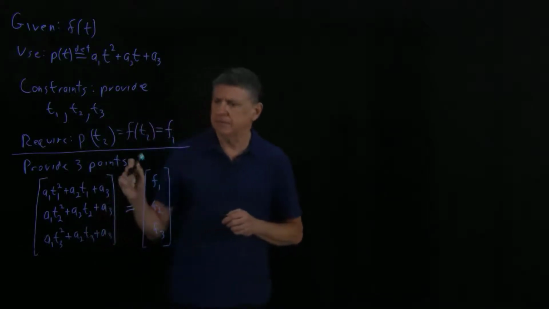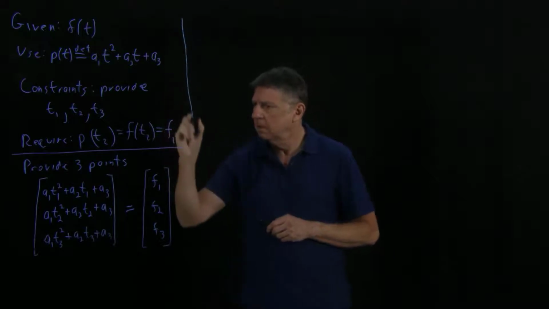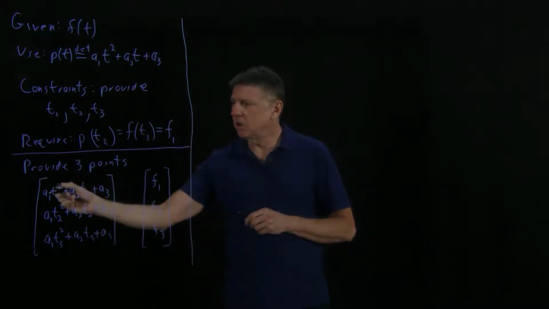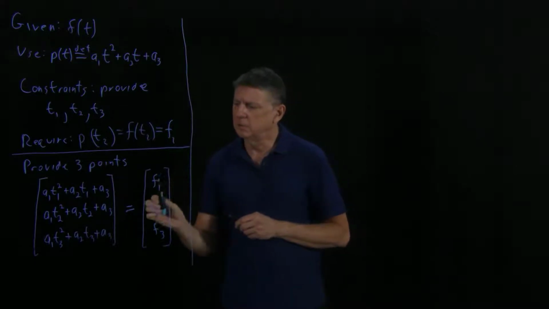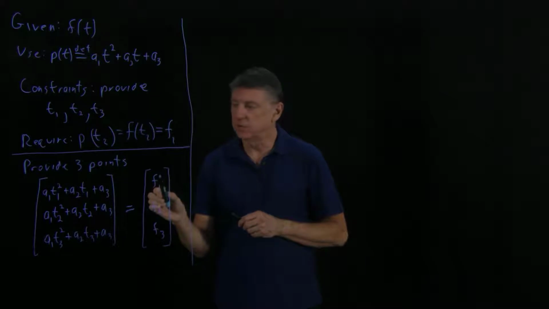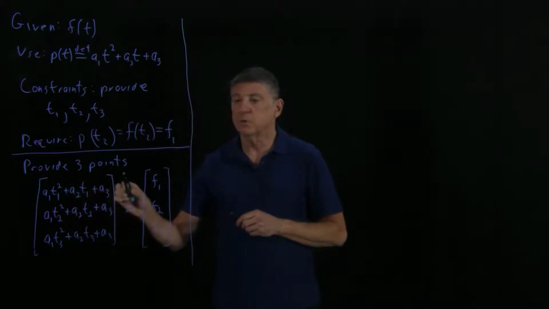And when I do that, let's think about what is known and what is unknown. Here, the level of the function is known, and here the argument is known. So the unknowns are those coefficients.